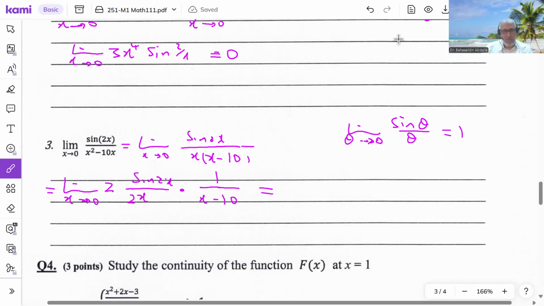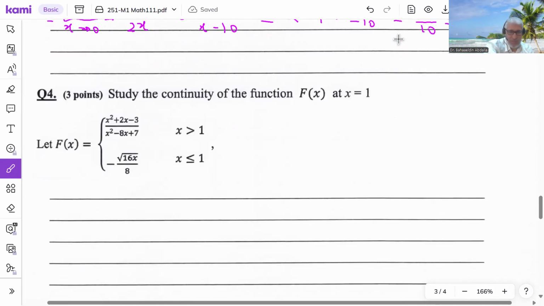So now the limit of 2 is 2. The limit of this is 1. And if I replace x by 0 here, the limit of 1 over x minus 10 as x approaches 0 would be 1 over negative 10. And multiplying these three numbers, I get negative 2 over 10, or negative 1 over 5.